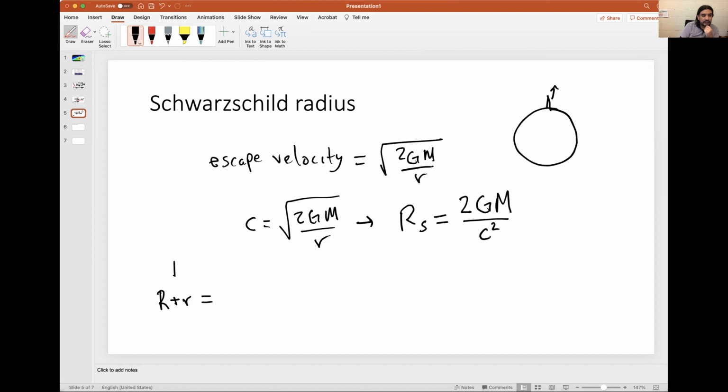So this is when the two black holes collide. So that's just the distance.